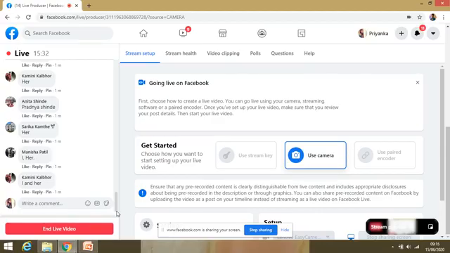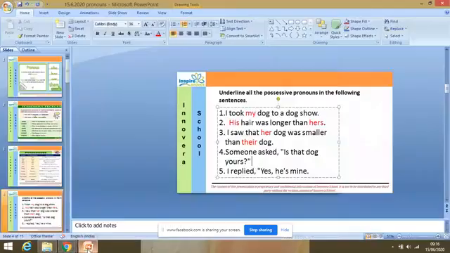Mine will be a possessive pronoun. Her is correct, the answer you have given, but I will not be a possessive pronoun. This is the difference we are studying between personal pronoun and possessive pronoun. So what will be the possessive pronoun? Yours.